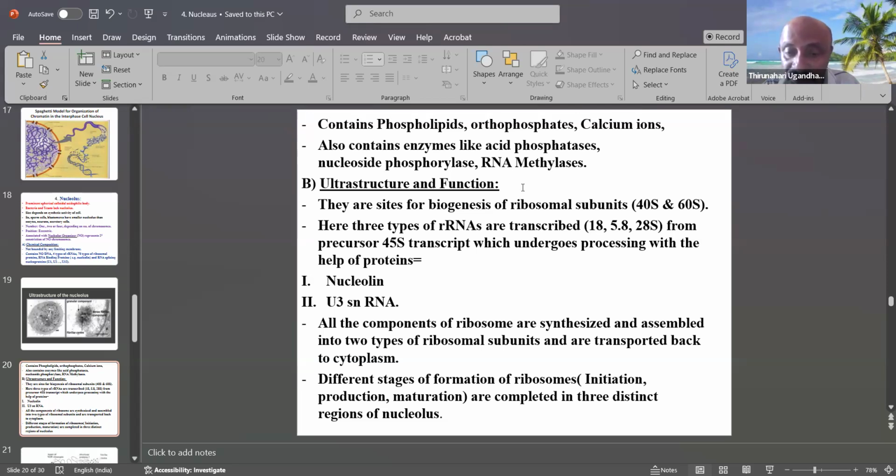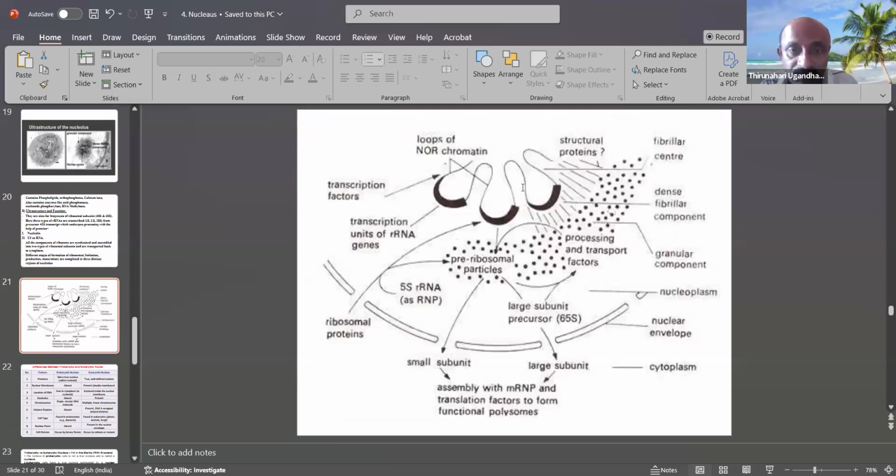Production and maturation are completed in three distinct regions of the nucleolus. So this is the major center of the formation. So these are all the nucleolus structures. The transcription factors and 5S RNA and other types of RNAs are present.